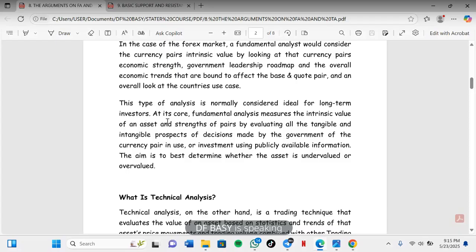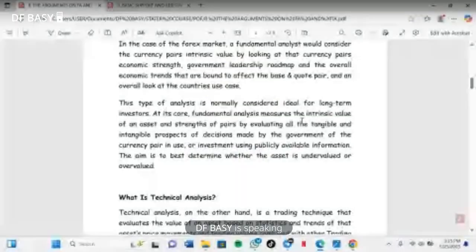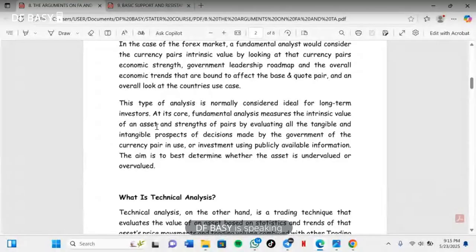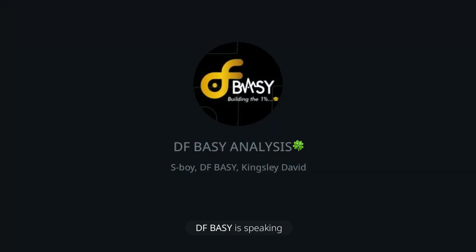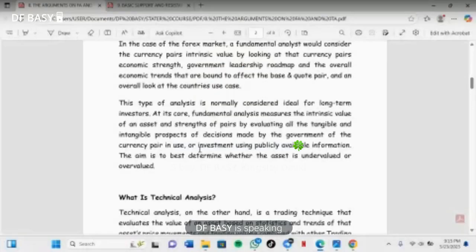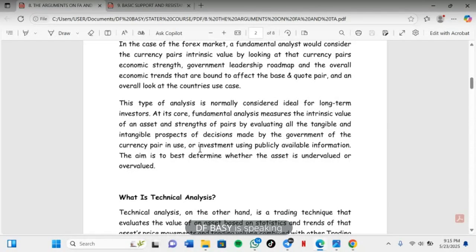At its core, fundamental analysis measures the intrinsic value of an asset or the strength of pairs by evaluating all the tangible and intangible prospects of decisions made by the government of the currency pair in use, or investment, using available information. The aim is to best determine whether the asset is undervalued or overvalued, right?